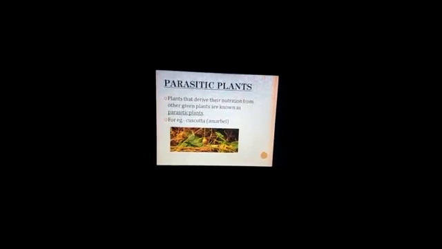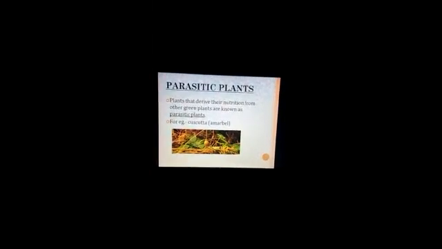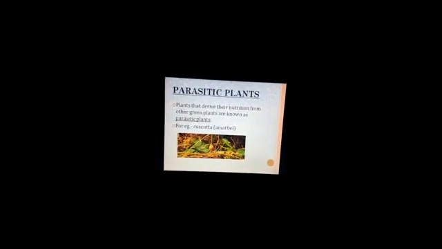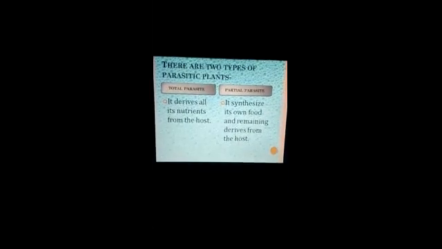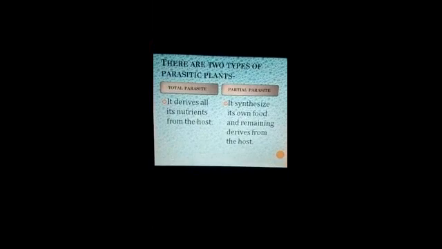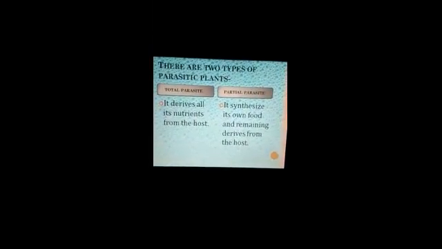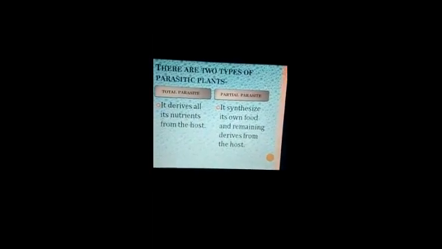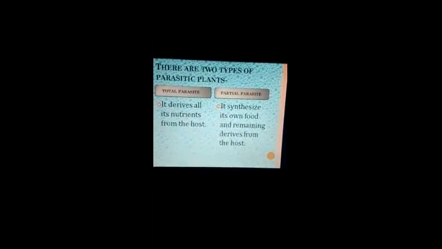For example, cuscuta, that is amarbel. There are 2 types of parasitic plants: total parasite and partial parasite. A total parasite derives all its nutrients from the host. A partial parasite synthesizes its own food and derives the remainder from the host.